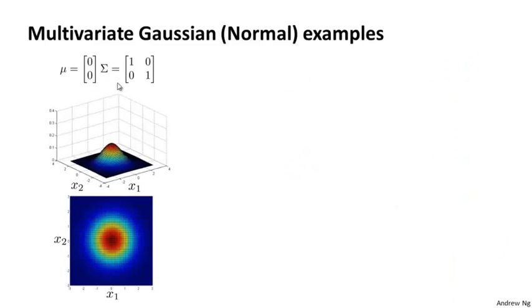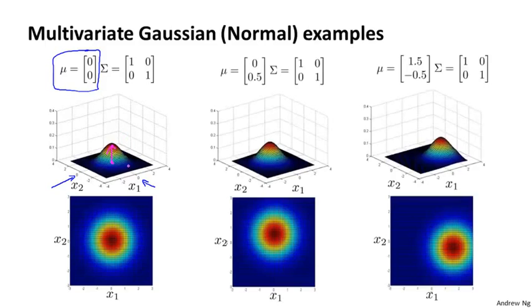The other thing you can do is also vary the mean parameter mu, and so originally we had mu equals 0, 0, and so the distribution was centered around x1 equals 0, x2 equals 0, so the peak of the distribution is here. Right? Whereas if we vary the values of mu, then that varies the peak of the distribution. So if mu equals 0, 0.5, the peak is at x1 equals 0 and x2 equals 0.5, and so the center of this distribution has shifted.